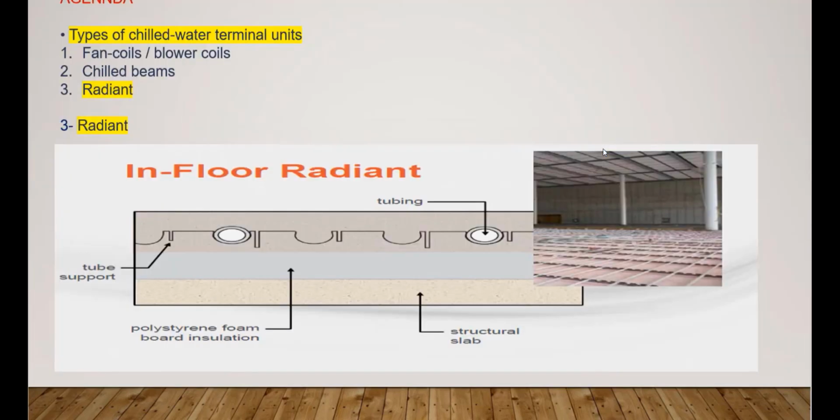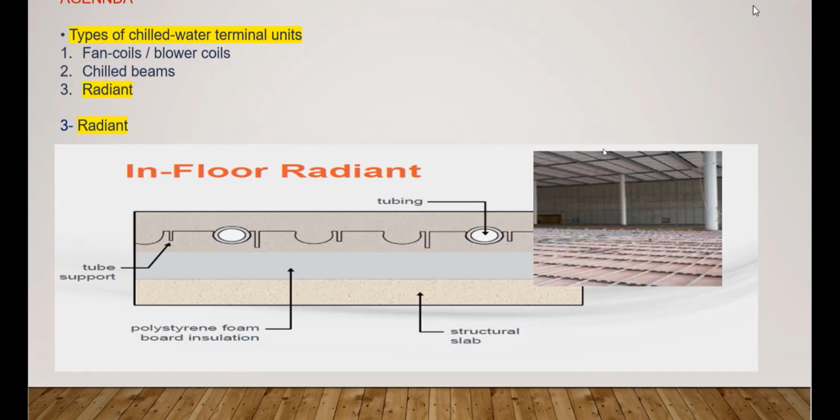The last type is radiant cooling. Radiant cooling is a very good method to provide cooling or heating for the zones or the space.